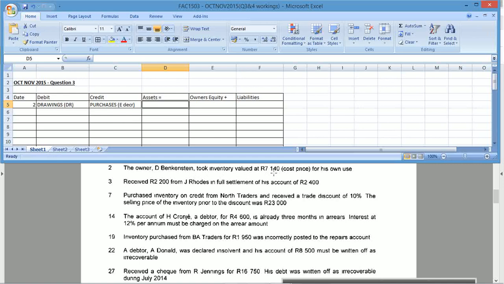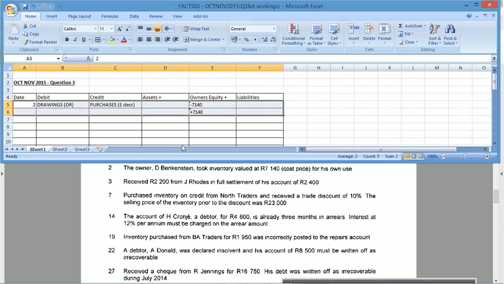So we've got 7,140 there. Drawings is going to affect owner's equity negatively, so minus 7,140, and you're also going to show plus 7,140. It's going up and it's going down for that particular transaction.